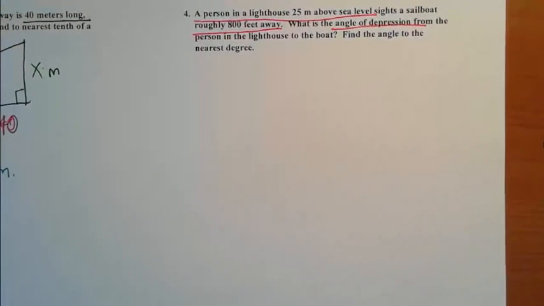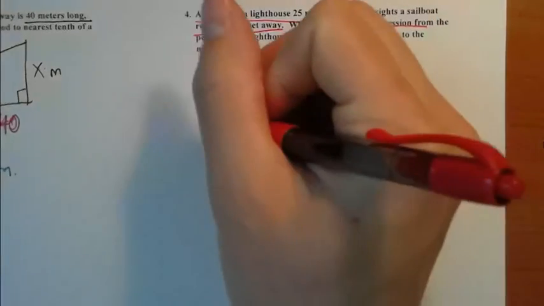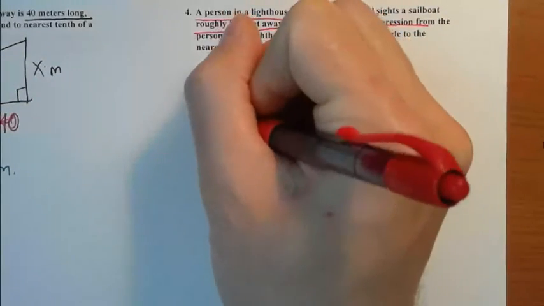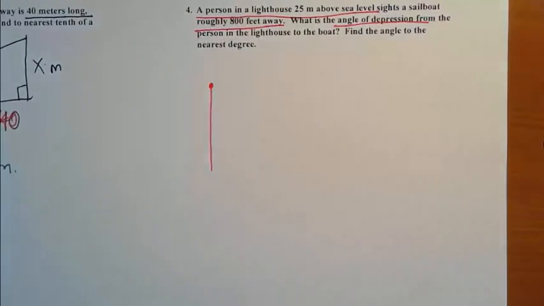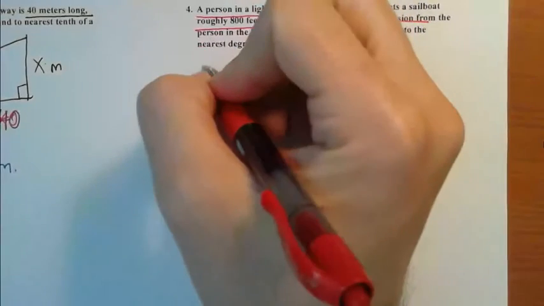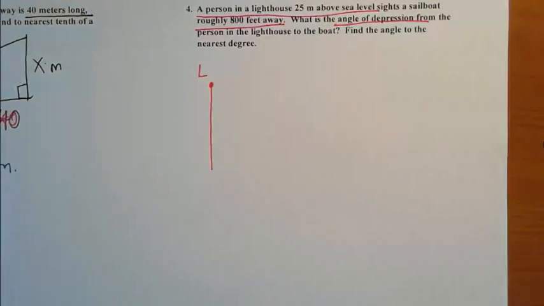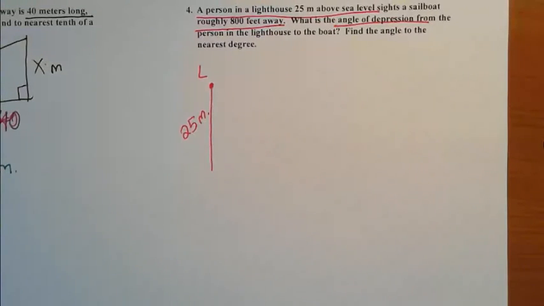So if we want to think about how to set up this problem, it's going to be a little bit different. So we have a person kind of up here, kind of at this point. That's where they are at the lighthouse. So we could say this is point L for lighthouse. And that person is 25 meters above the sea, or above the part of land they are near the sea.